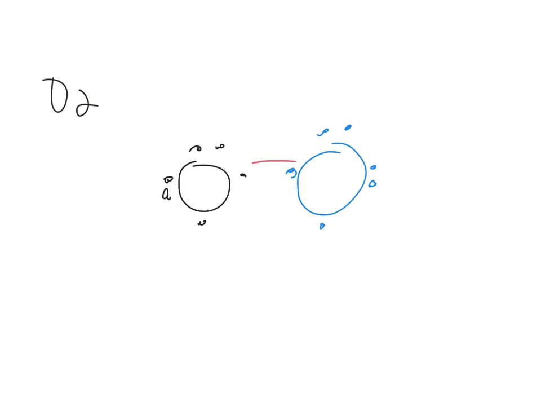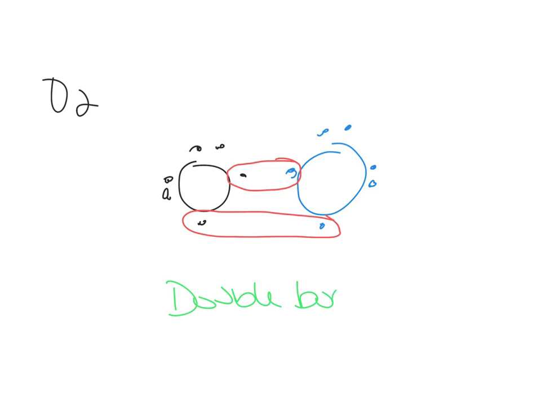We're going to draw a circle around these 2, showing that that pair of electrons is shared, and a circle around these 2, showing that this pair gets shared. The fact that I have not 1 circle but 2 circles between 2 of the same atoms means that these are double bonded together. This is what's called a double bond, because they're sharing 2 pairs of electrons.